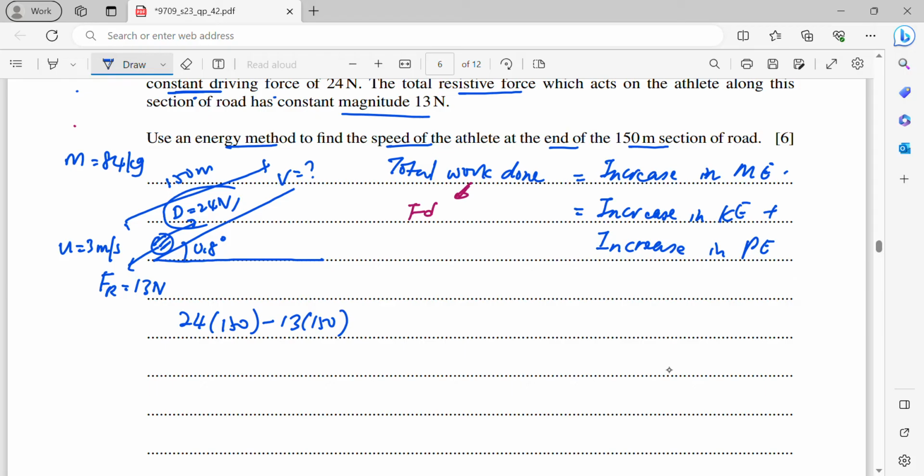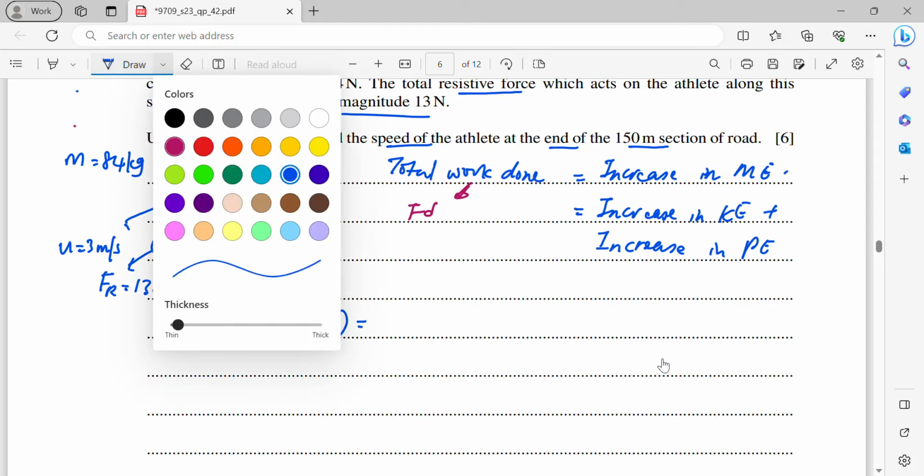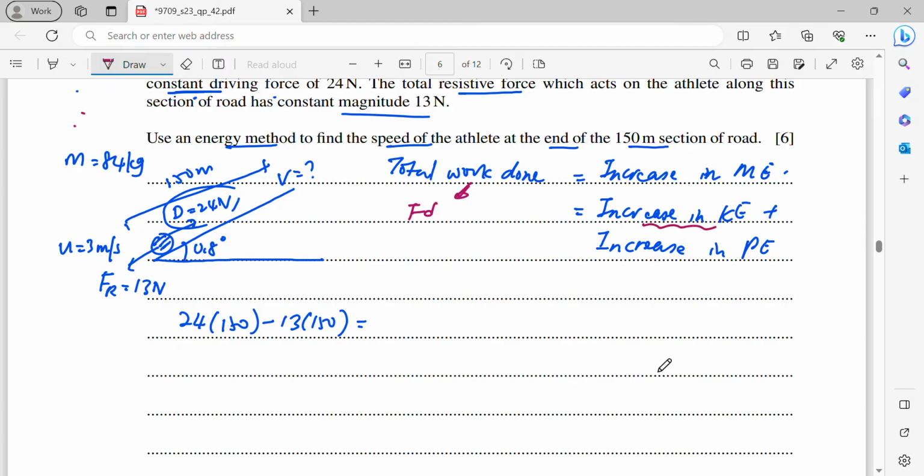So that equals the increase in KE plus the increase in PE. The increase in KE is the final KE minus the initial KE, and the increase in PE is the final PE minus the initial PE.